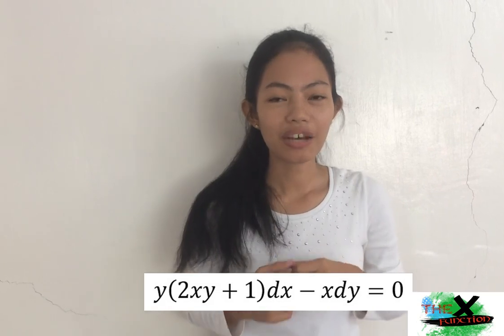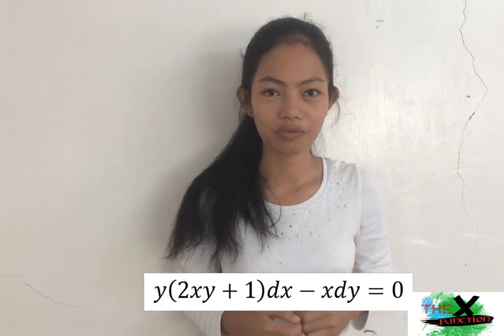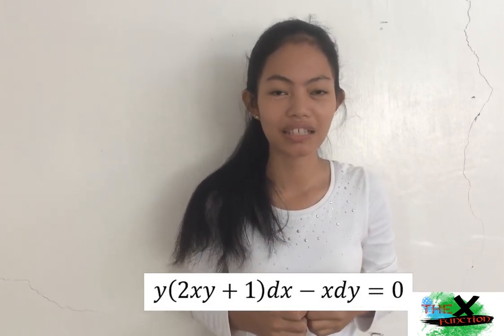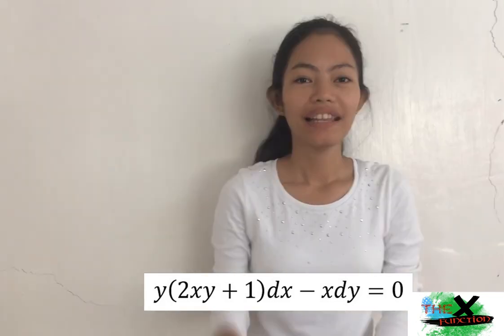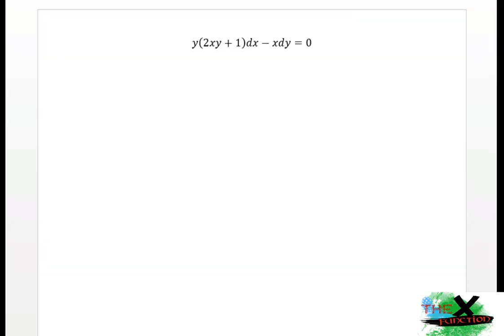Let's have our second example. We have y times the quantity 2xy plus 1, dx minus x dy is equal to 0. Let's take a closer look. First, distribute y and dx, then copy the remaining terms.